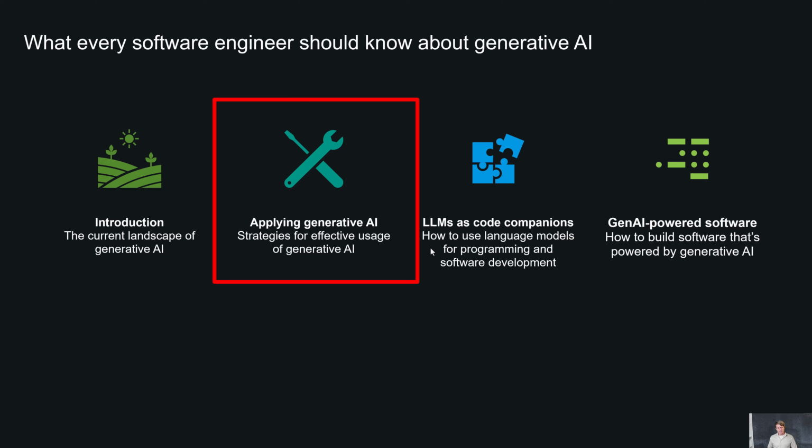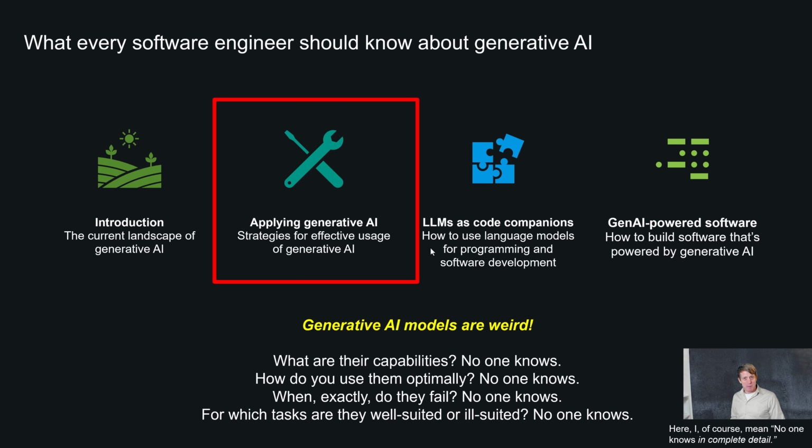And once you start experimenting with these kinds of systems, you realize that generative AI models are weird. What are their capabilities? Well, nobody knows. How do you use them optimally? No one knows. So when exactly do they fail? No one knows. For which tasks do they work well? No one knows.